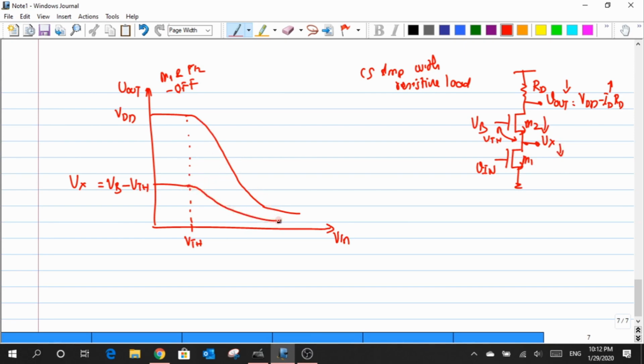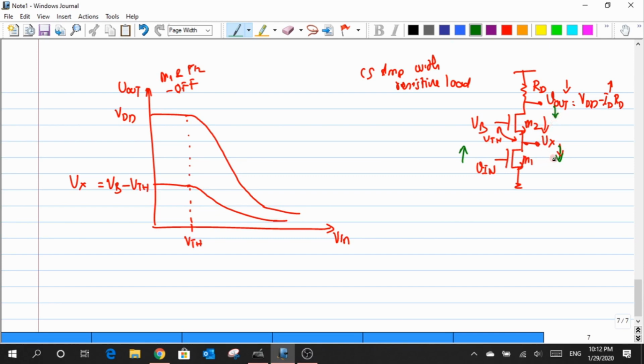Now, once I cross a particular value of Vin, one among these two transistors would enter into the linear region. The reason is that when I try to raise Vin, the voltage at the drain of M1 or the voltage at the drain of M2 keeps stepping down.